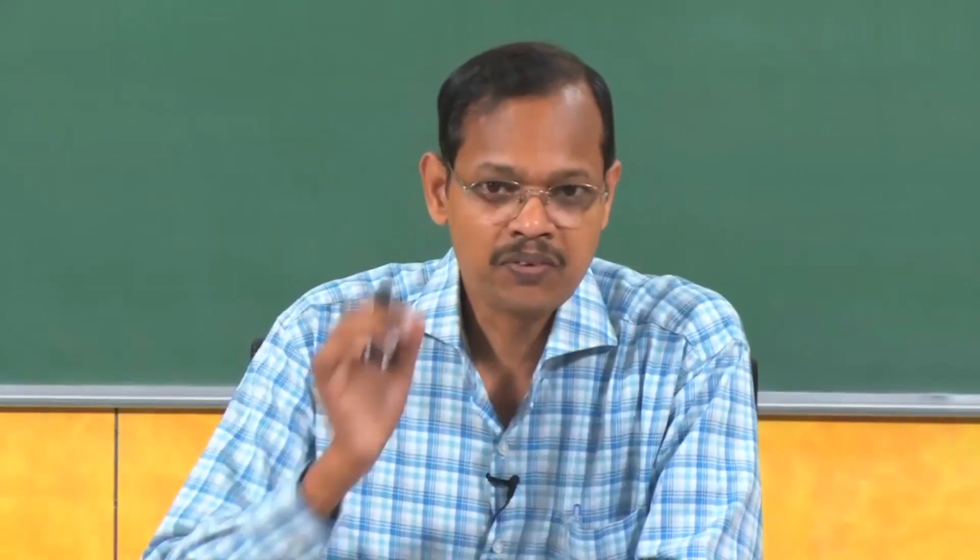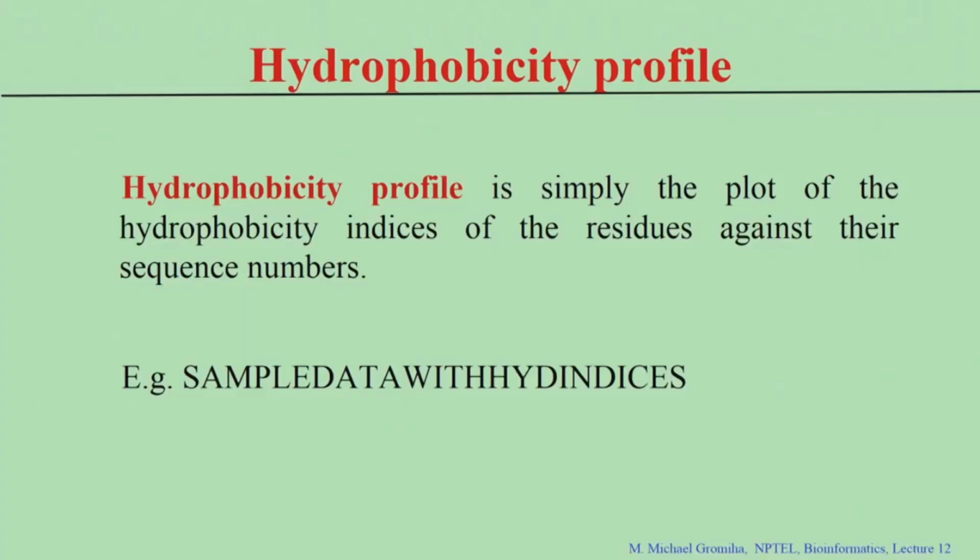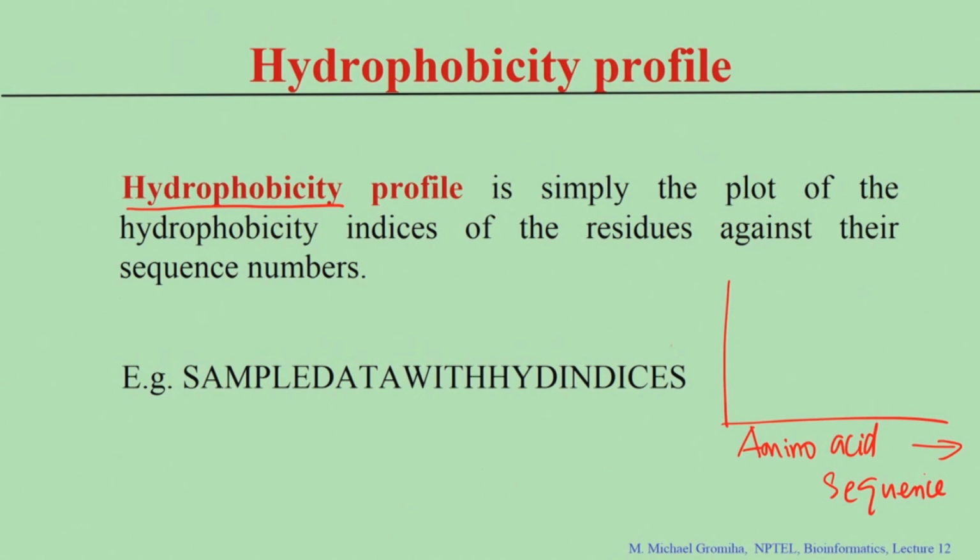So, what is a hydrophobicity profile? The name itself tells us it is the plot of the hydrophobicity indices versus the amino acid sequence. For example, if you take any protein sequence, you can make a 2D plot. On the x axis we give the amino acid sequence, and on the y axis you write the hydrophobicity.